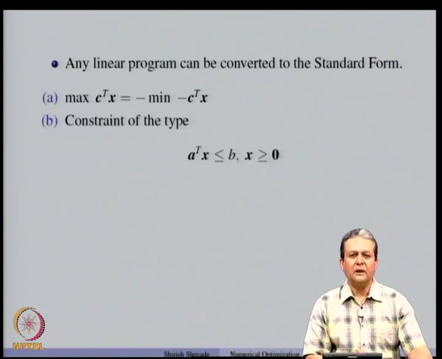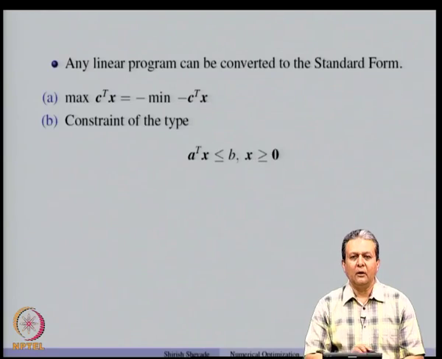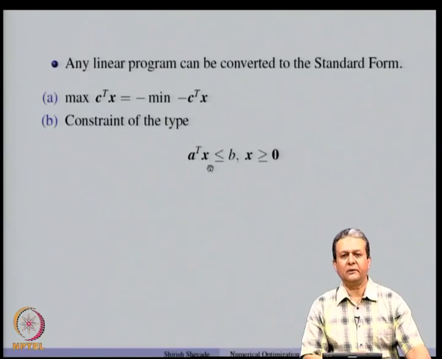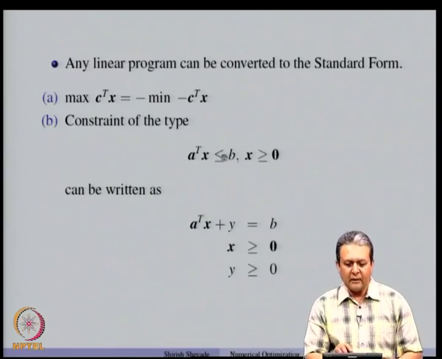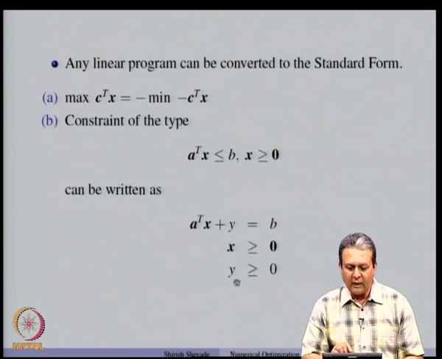Now, if the constraint is of the type A transpose x less than or equal to b and x greater than or equal to 0, so we have an inequality constraint, and that can be converted to an equality constraint by introducing what are called slack variables. So, this constraint can be written as A transpose x plus y equal to b, where y is non-negative.